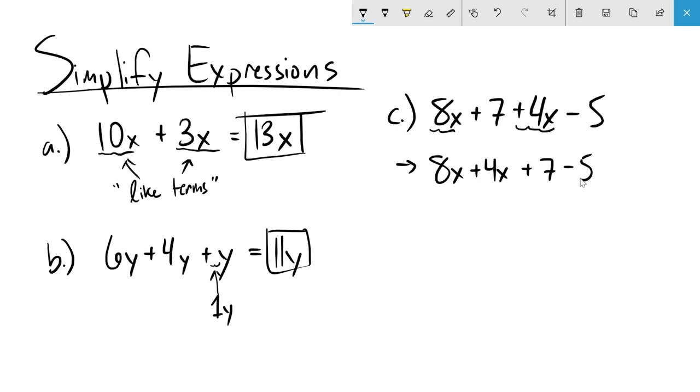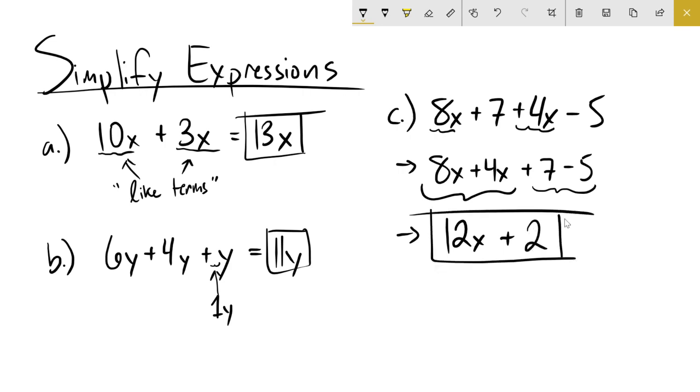Now, the important thing, and we're going to talk about this more later, is that if you're going to start moving terms around in an expression, you need to remember that the sign goes with the term. This was a plus 4x here, so when I moved it over here, it stayed a plus 4x. And now you can combine your terms. If you have 8 x's and you add 4 x's, how many you got? That's 12x. And if you have plus 7 and then you take away 5, how much you got? You now have 2. Yeah. And so that would be the solution to that one.